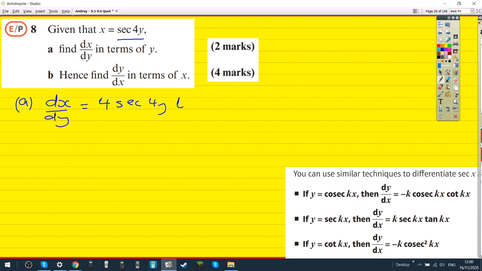Yeah. And then B. Just do 1 over all that. Oh, and then I need to find something for x, don't I? Yeah.